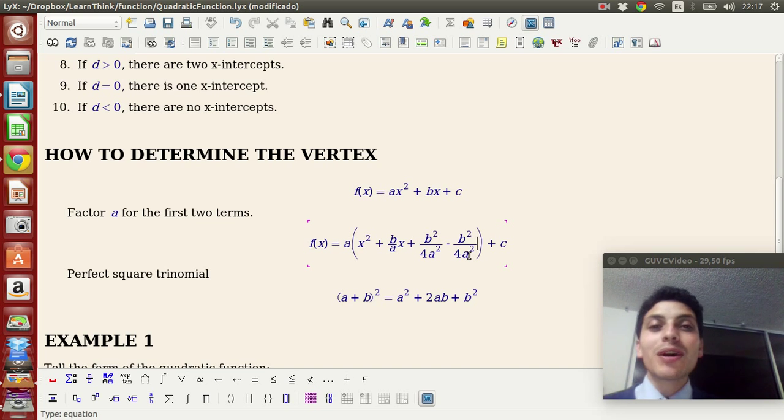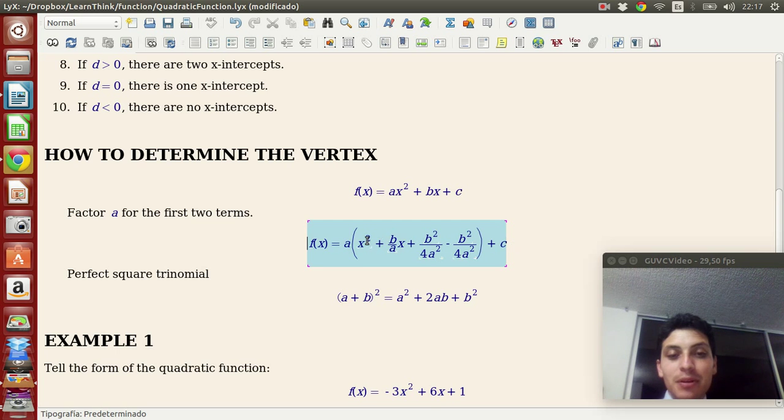Okay, so far what we did is factor a, then complete the perfect square trinomial, and subtract the term that we used to complete it. If you notice, this addition is 0, so we're not changing the equation.